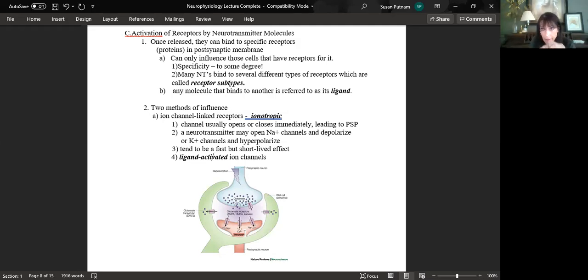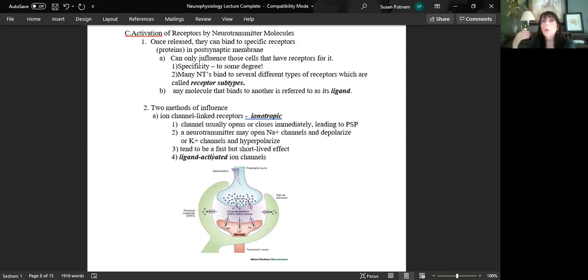Remember those proteins embedded into the cell membrane? Now, I can only influence cells that have a receptor for me. If I am GABA and there are no GABA receptors, I can't do anything. Okay, so there is specificity to some degree, and we will get to more of that later.